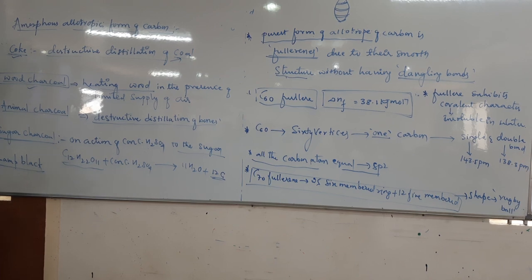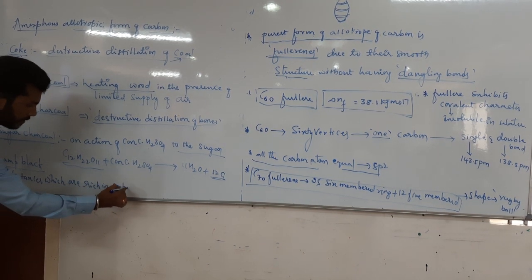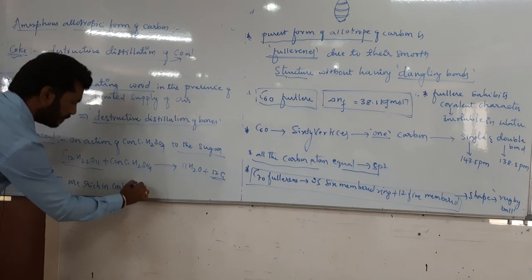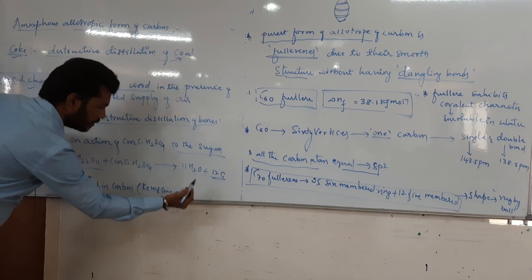So lamp black can be obtained from substances which are rich in carbon, for example kerosene oil and petroleum.